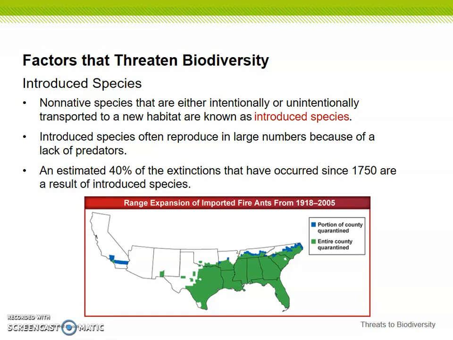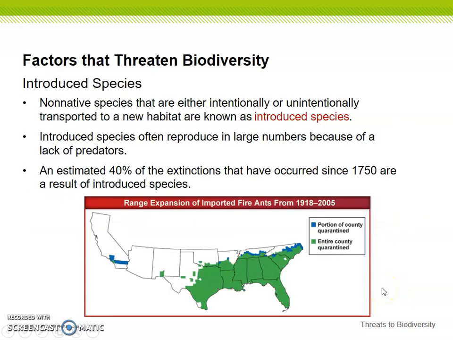An estimated 40% of the extinctions that have occurred since 1750 are a result of introduced species. Down here we have a map of the southern United States showing the range expansion of imported fire ants from 1918 to 2005. So they've had to limit the transport of goods across county lines to help stop the spread of fire ants.